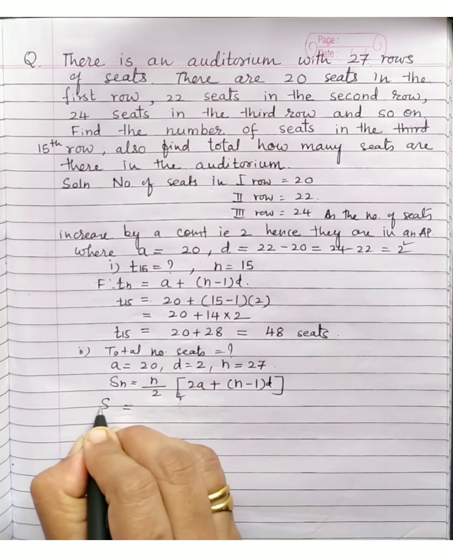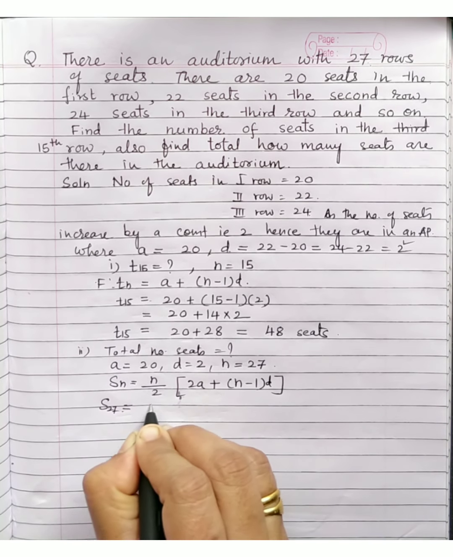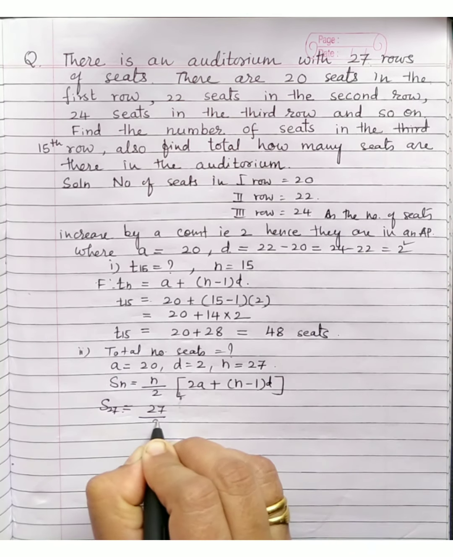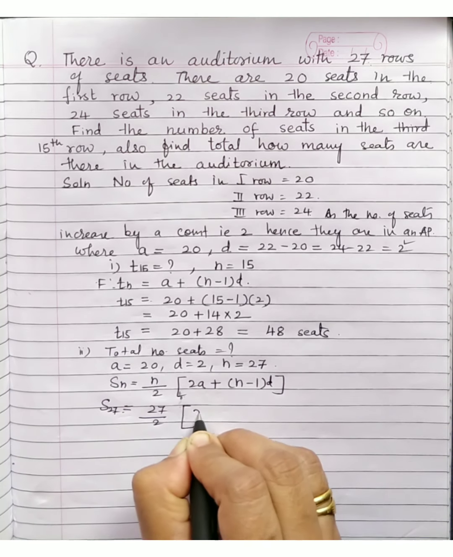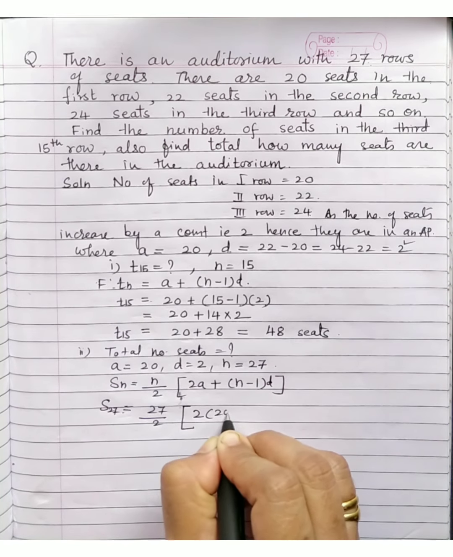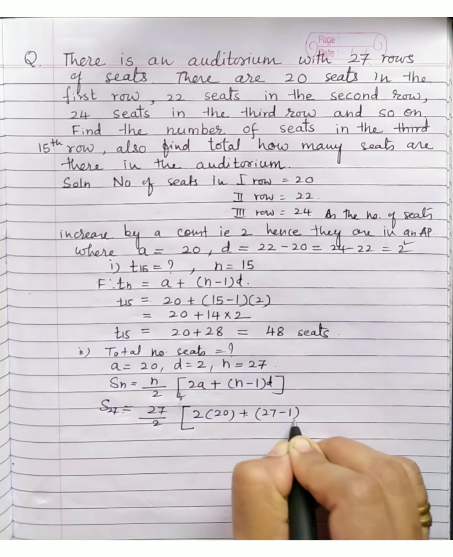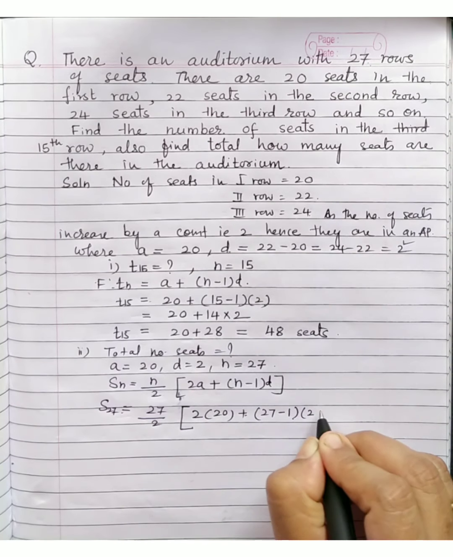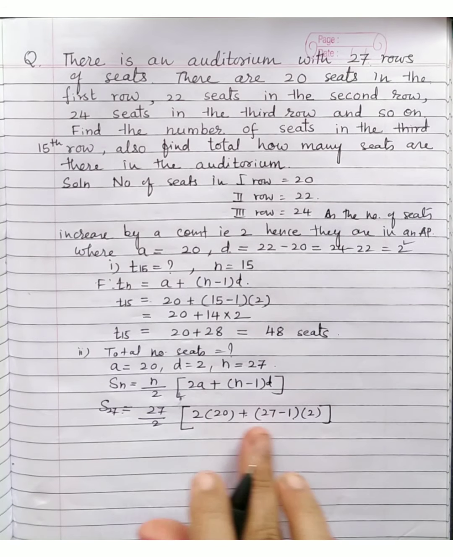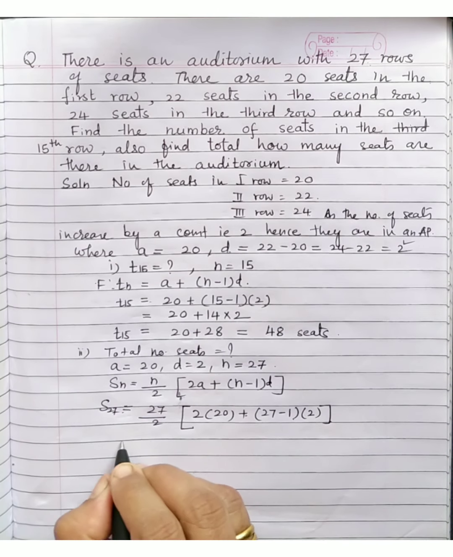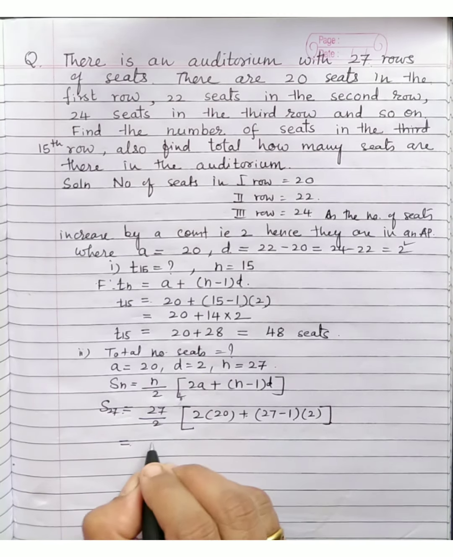So S27 comes as 27 upon 2 bracket 2 into 20 plus 27 minus 1 into D, that is again 2. 2 can be taken common and can be cancelled with this 2 as well. Okay, it is up to you.